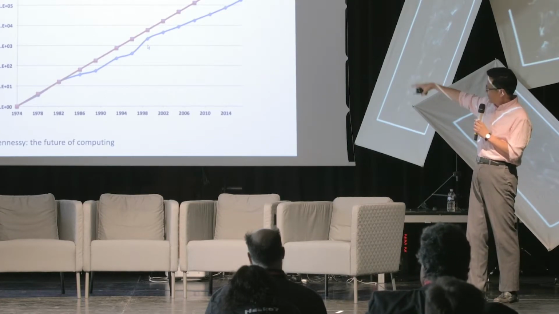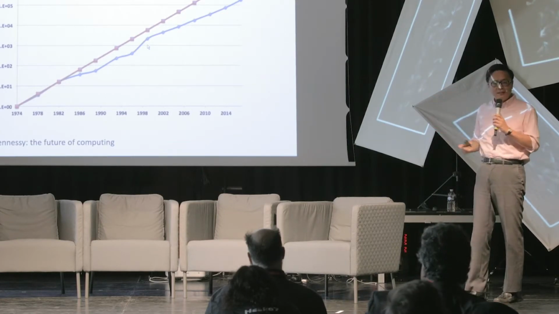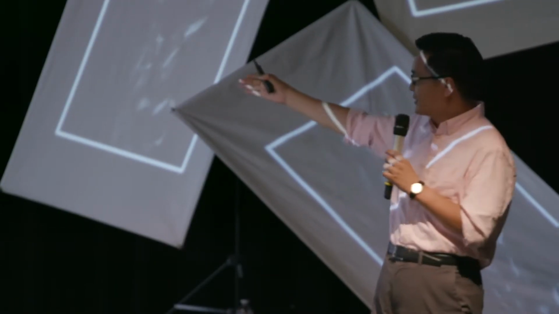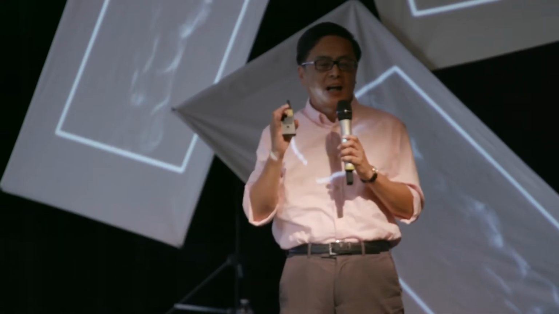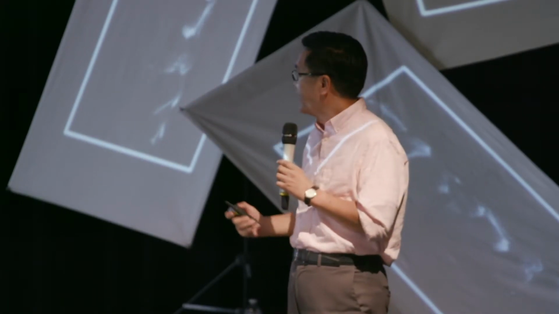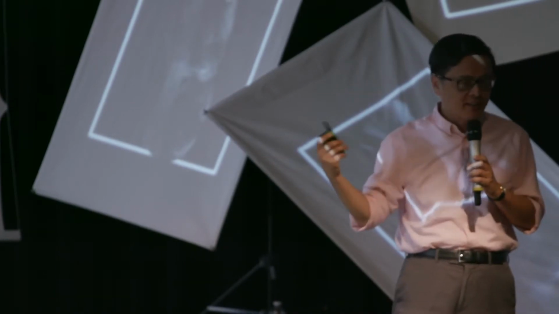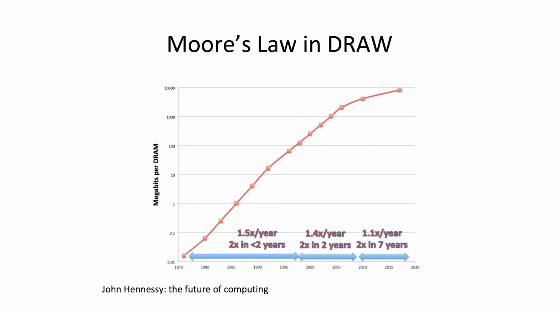Because the y-axis is on a log scale, we're seeing that we're already falling behind, starting from the 80s, and now we actually have 1/10 of what the law predicted we should have had. Similar things for DRAM density. We went from doubling the capacity every less than 2 years to doubling the capacity in about 7 years.